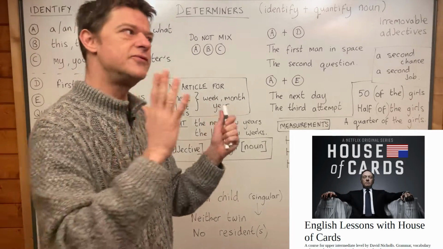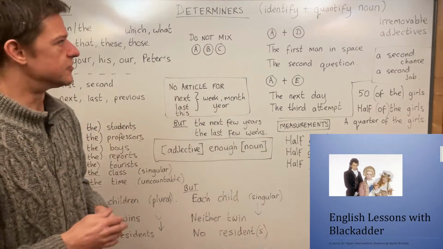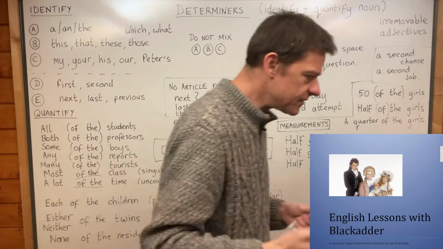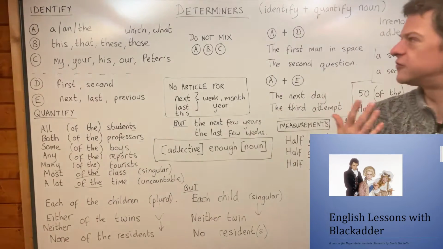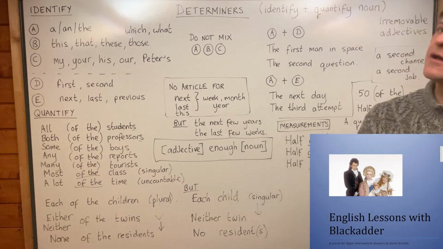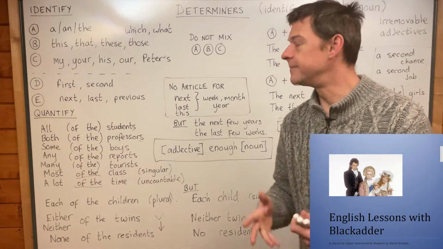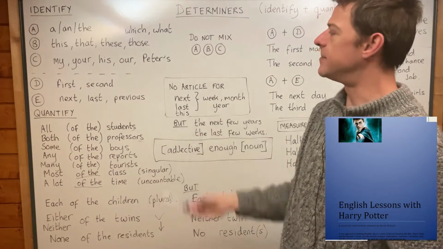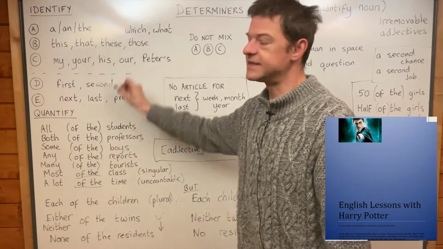And it's because in the previous class on articles, which are a, an, and the, we learned that they're extremely difficult, extremely complex in English, but they are easier if you understand that they are a type of word, they are a determiner. And here are some other determiners.